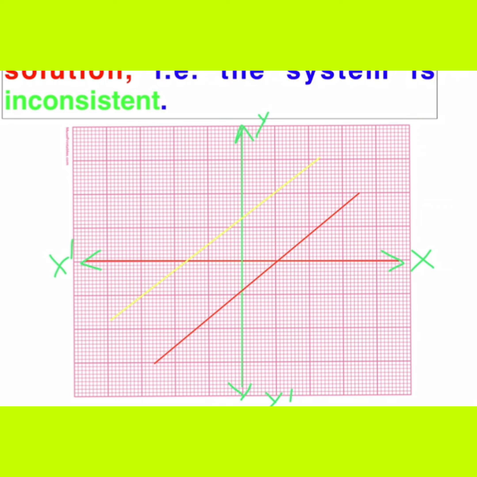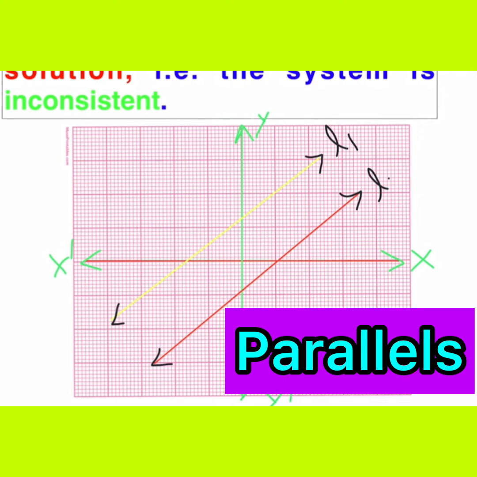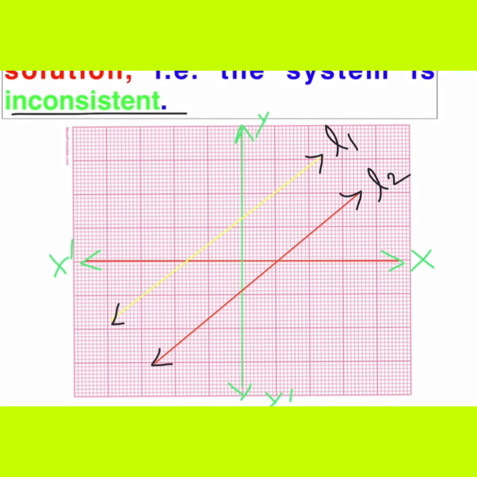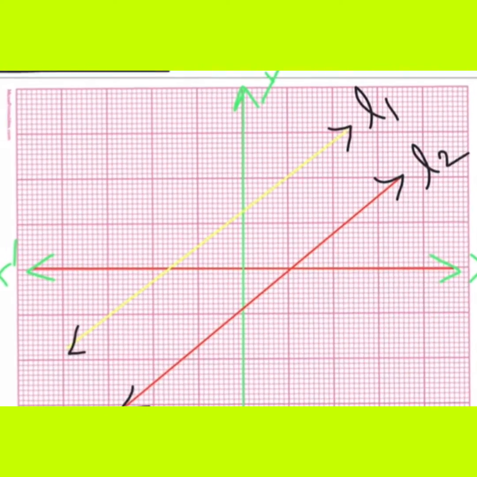So therefore we can say that, let us say, this one is the line for equation 1 and this is the line for equation 2. Okay, then if we get this situation, then two lines are parallel, and we can say that the system is inconsistent and the system has no solution.